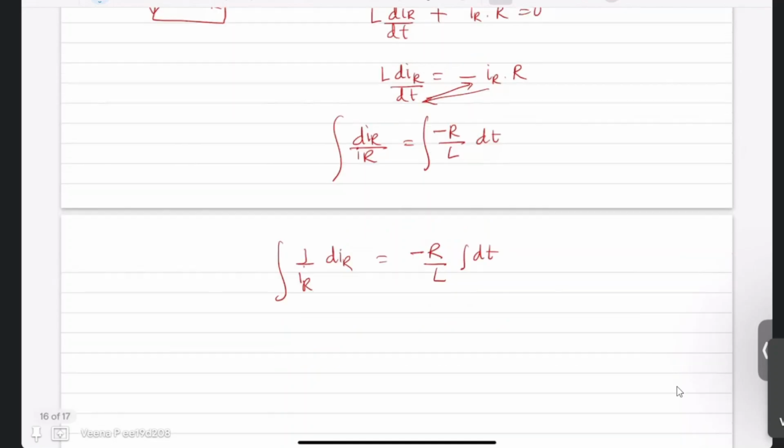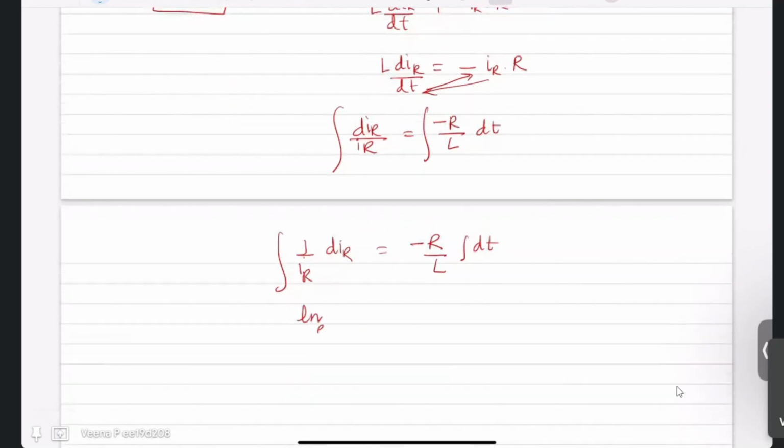Now the integral of 1 by IR dIR is logarithm to the base e, or ln. It is log to the base e of IR, or it can also be written as ln IR. Ln means log to the base e, which is equal to minus R by L t plus a constant.